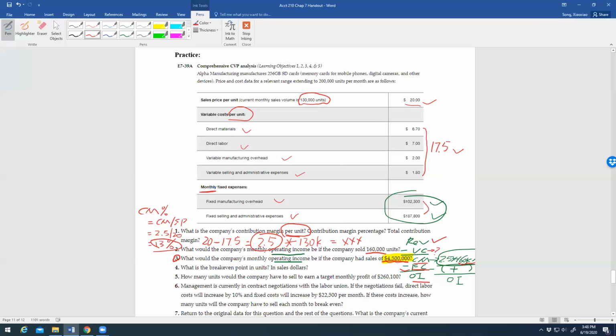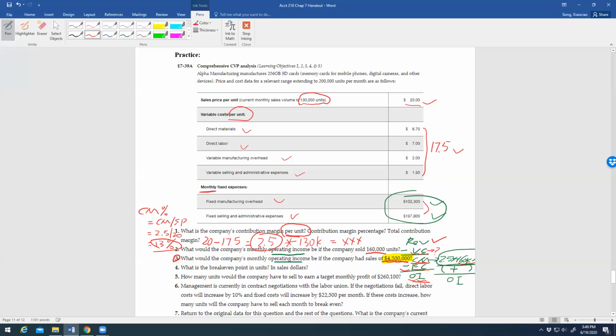The first one, the unit is 130,000. The second one, the unit is 160,000. The third one, you have to calculate the units. When we have more units, our total variable cost will be different, our total contribution margin will be different, so our operating income will be different.